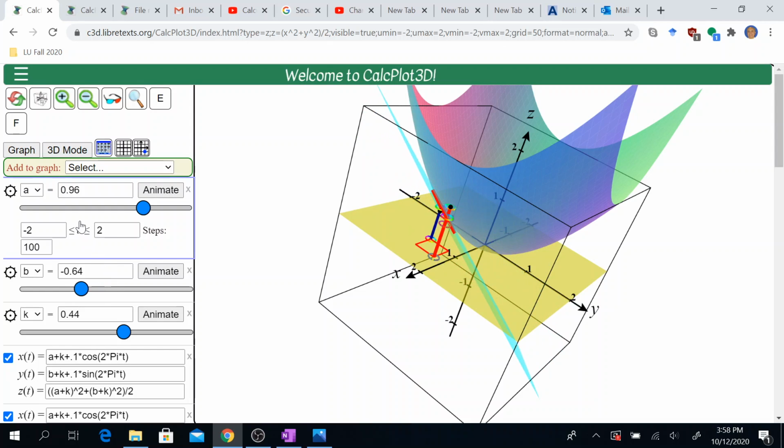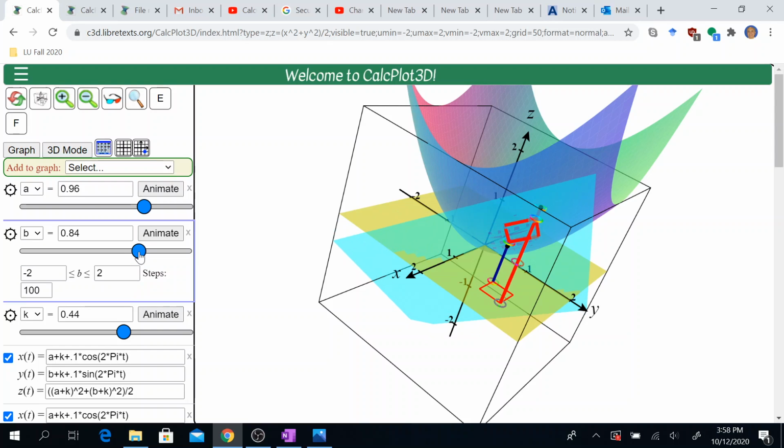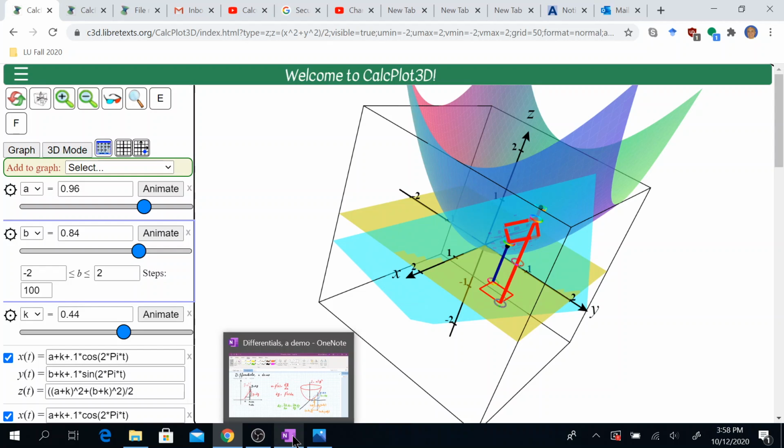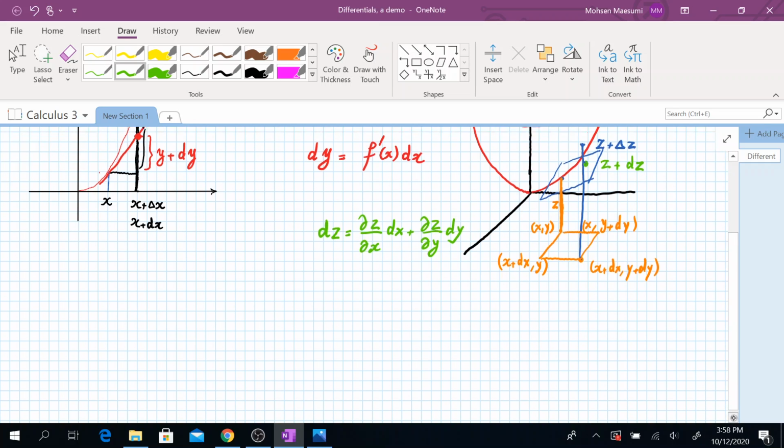My tangent plane again just slides over the surface, and the same principle holds in all locations. So when we are writing this formula dz, partial of z with respect to x times dx, plus partial of z with respect to y times dy, what is it that we mean by it?